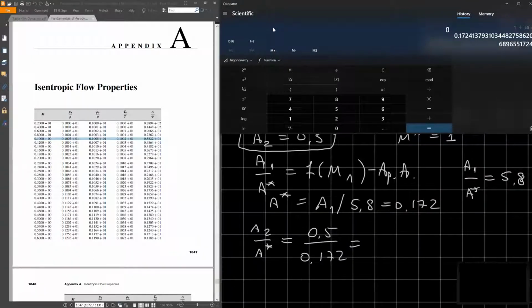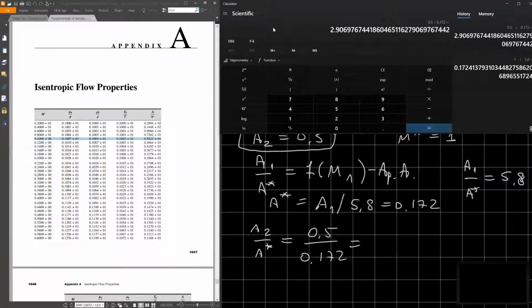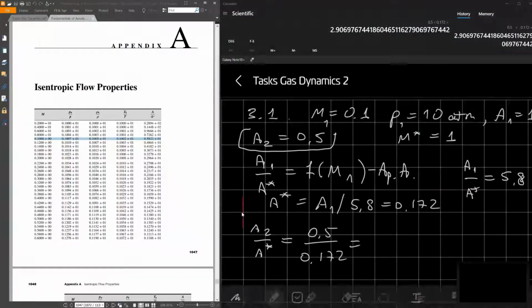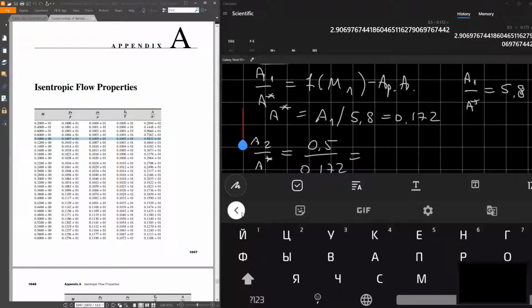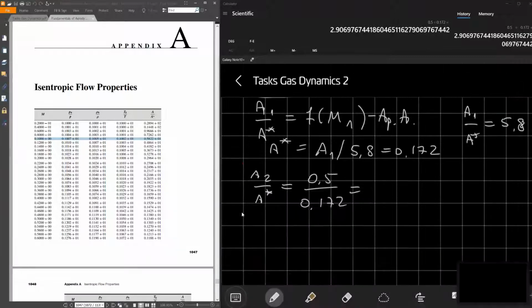It's basically two times smaller. Okay, let's see. 0.5 divided by 0.172, 2.9, approximately 2.9.